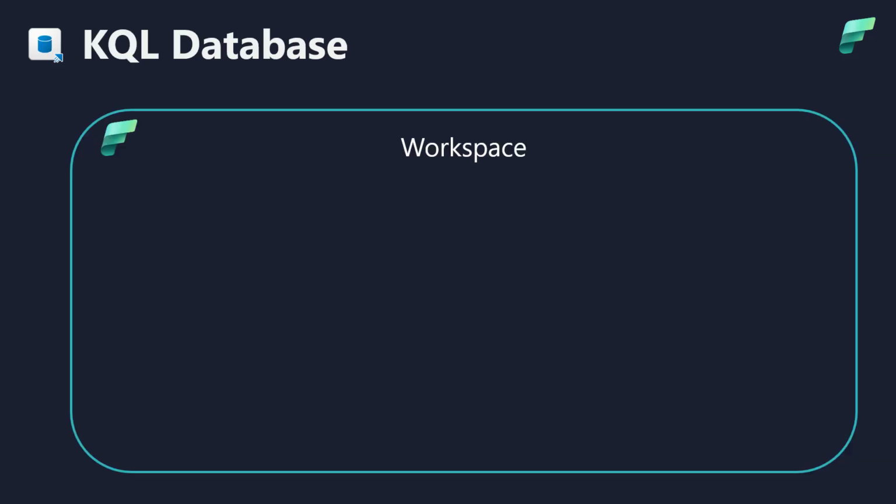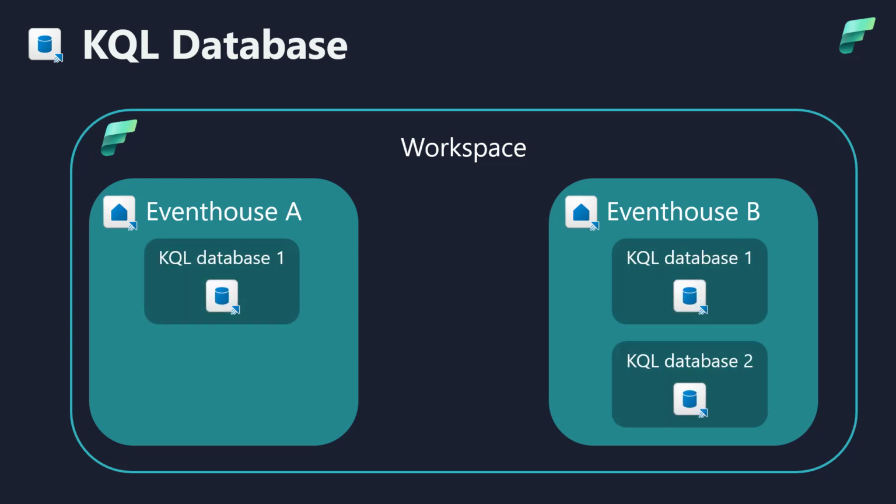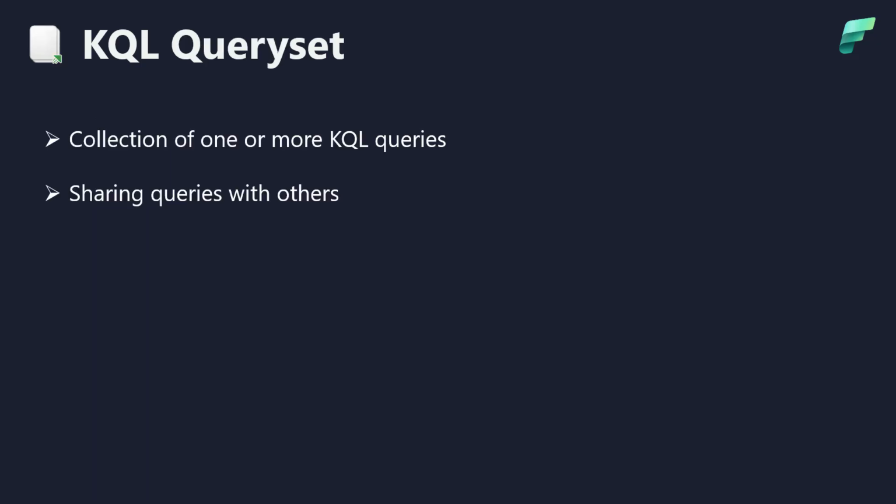KQL databases exist in the context of the Event House. This is a Fabric workspace which contains Event House A and Event House B. Each of these event houses may contain one or more KQL databases.